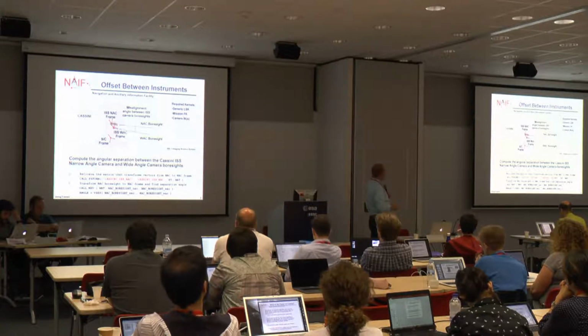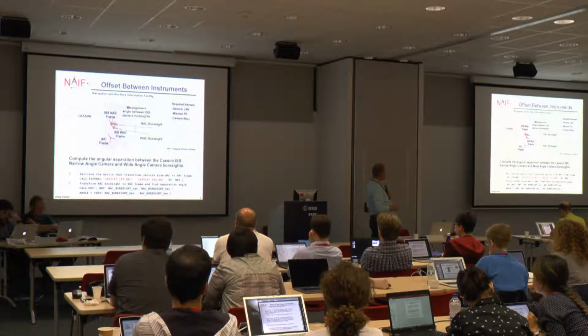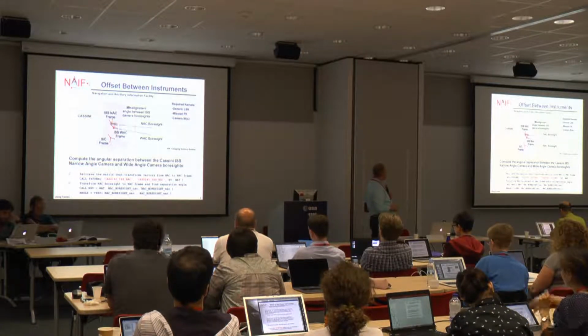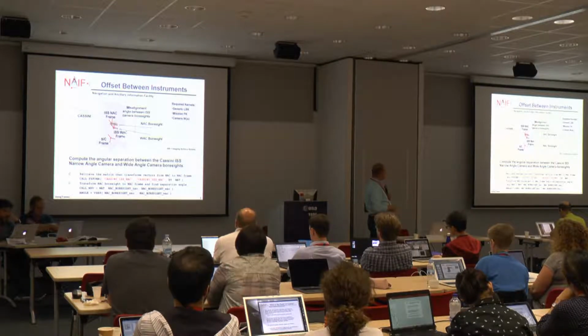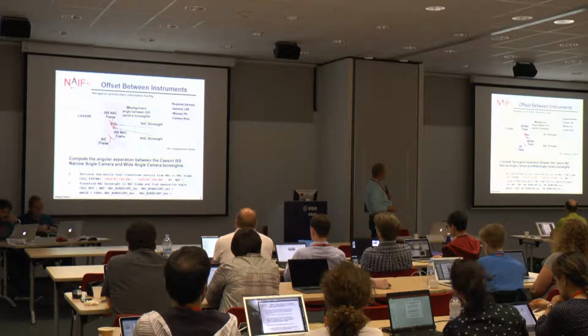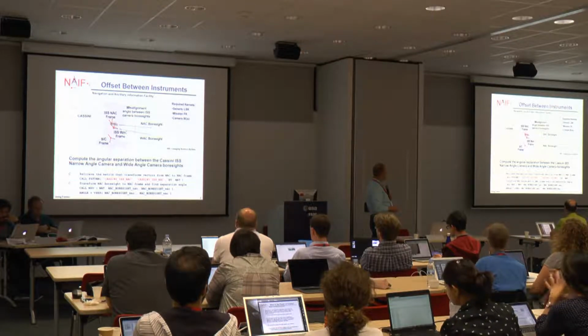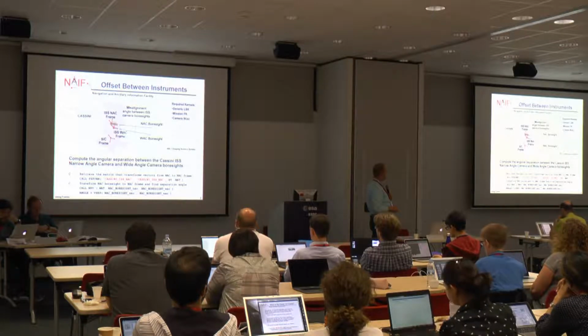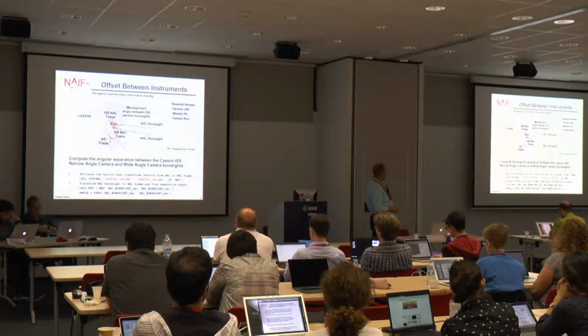So if you have a frames kernel that defines fixed offset frames for these two cameras with respect to the spacecraft frame, all you need to determine that is a call to PXFORM that computes the rotation from one frame to another frame, in this case from the narrow angle camera frame to the wide angle camera frame, at any time really, because these are fixed transformations.